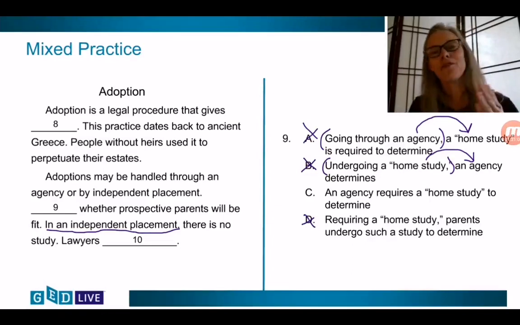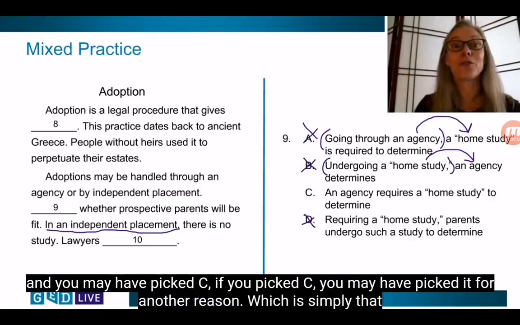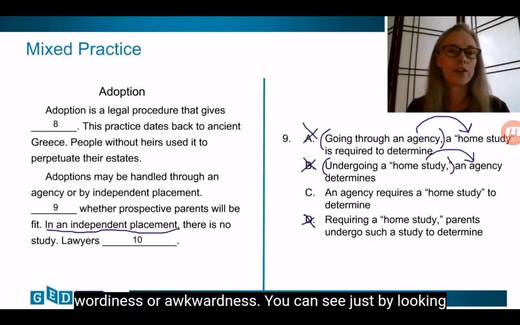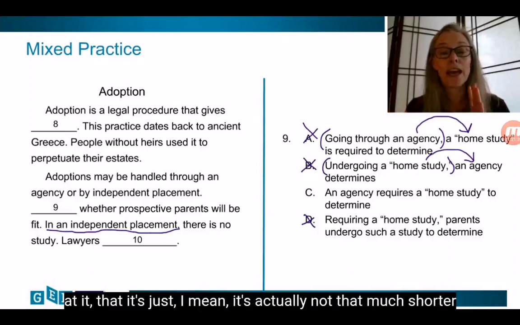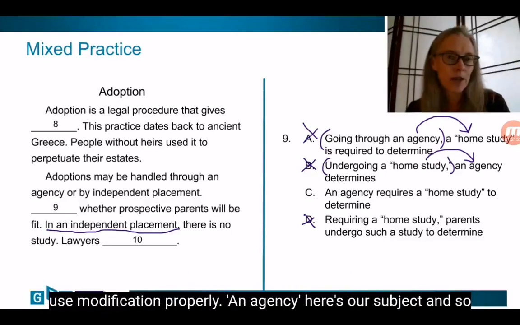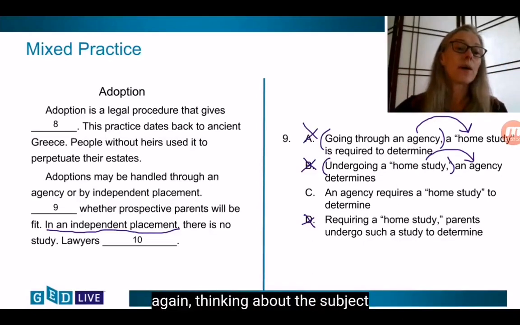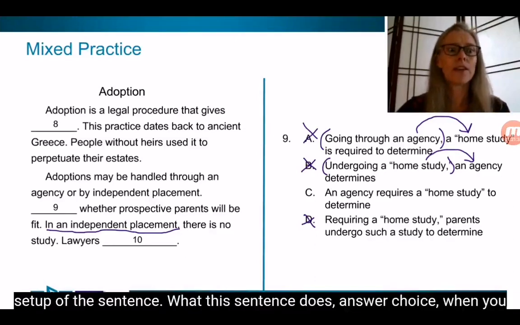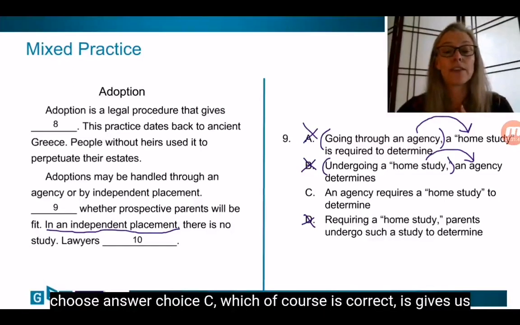Right? And you may have picked C. If you picked C, you may have picked it for another reason, which is simply that it is so straightforward and concise. There's no wordiness or awkwardness. It's actually not that much shorter, but it is shorter than all of the choices except for B, and B doesn't use modification properly. An agency, here's our subject. And so again, thinking about the subject-verb setup of the sentence, when you choose answer choice C, which of course is correct, it gives us our subject.